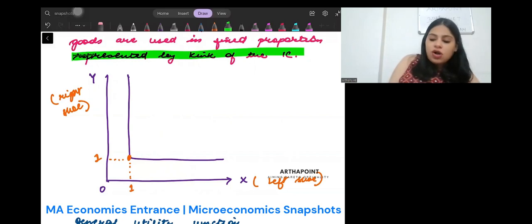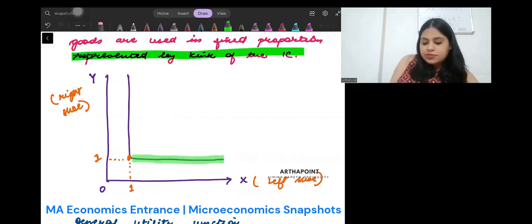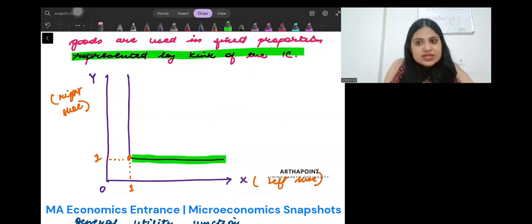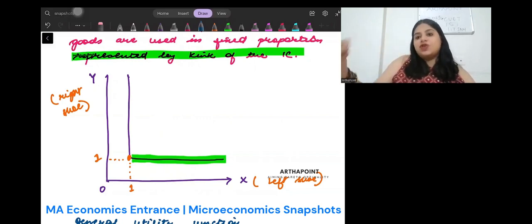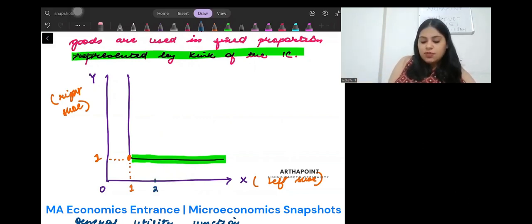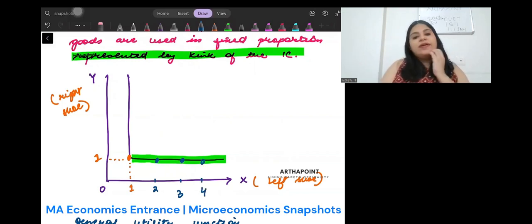Now look at all the points that are here. This implies that if you keep increasing the amount of left shoe, you give me 2 left shoes, but just 1 right shoe. You give me 3 left shoes, but only 1 right shoe. 4 left shoes, but only 1 right shoe.